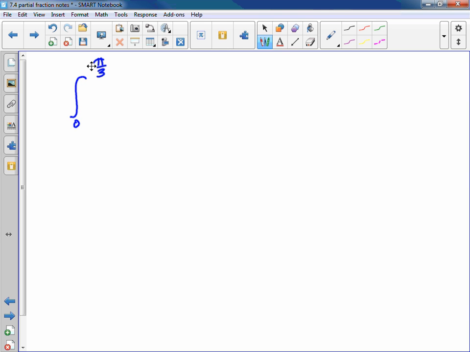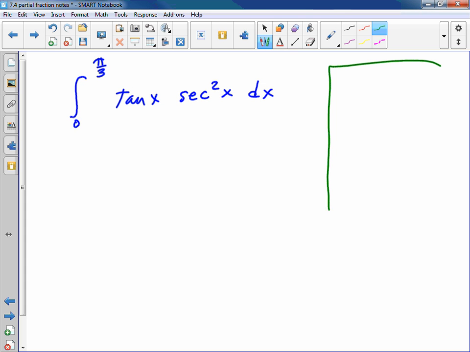So what if I have a definite integral from 0 to pi over 3 of tangent x secant squared x dx? This is similar to the one we just did. It involves tangents and secants, and that's on purpose. I wanted you to have a certain level of comfort while we get into this.